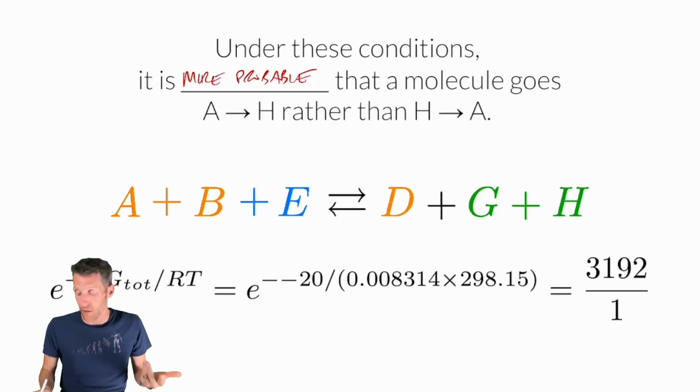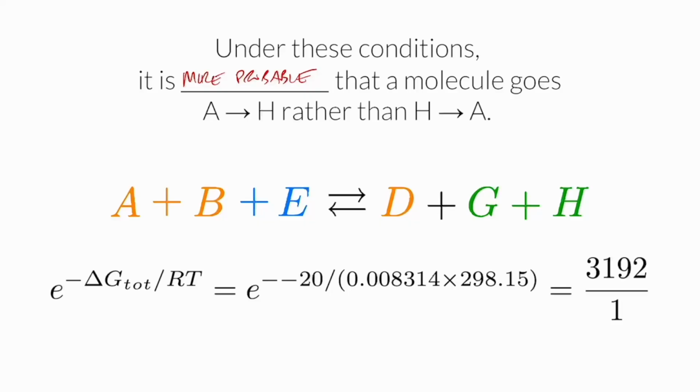And we can actually calculate that using this expression I've shown a couple of times, where basically we can say what's the probability of forward over the probability of reverse. It's given by this expression. You plug in the numbers here and you get this number.